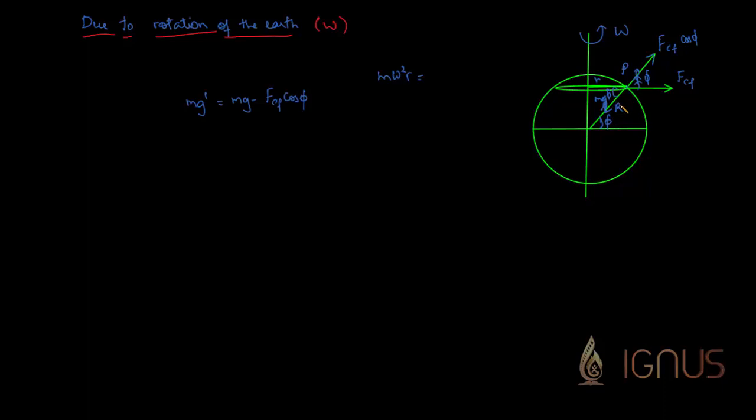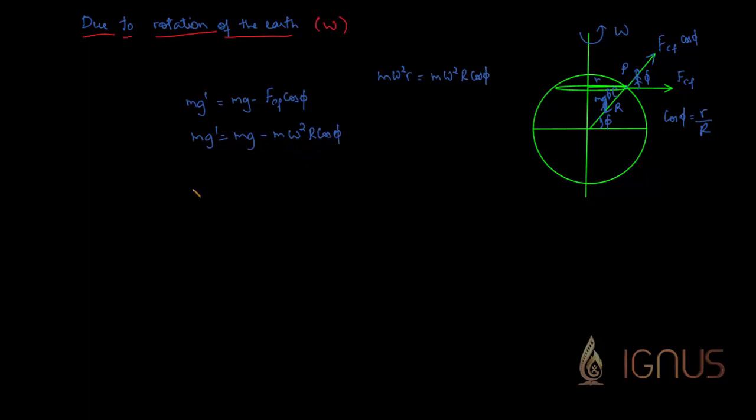So cos phi will be nothing but small r by capital R. Or in other words, small r is nothing but capital R into cos phi. We can see that here cos phi is equal to small r by capital R. This is the radius and this is the other radius. So this equation comes out to be mg dash is equal to mg minus m omega square R cos phi.